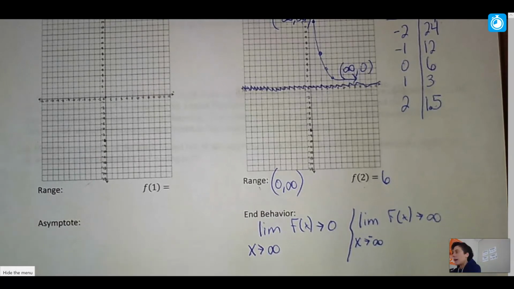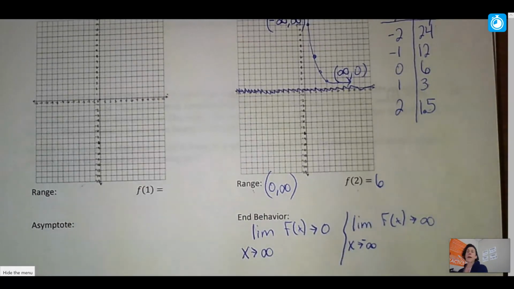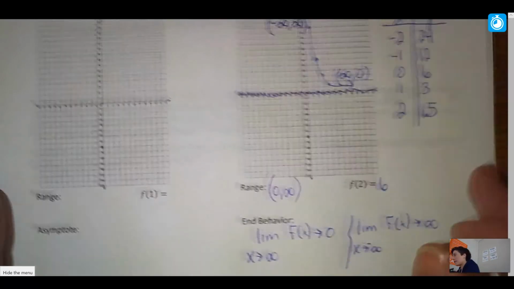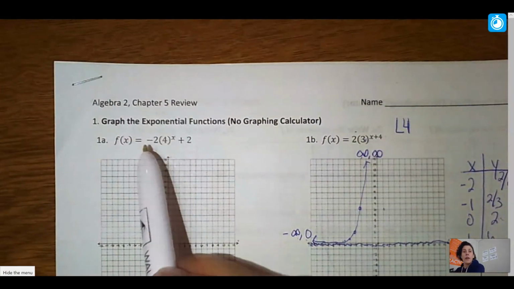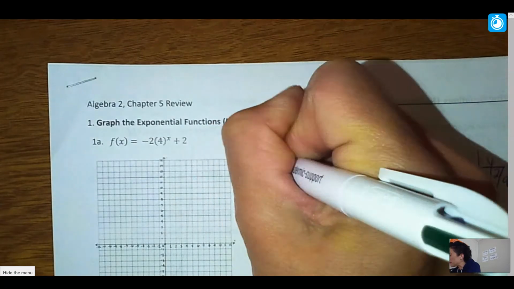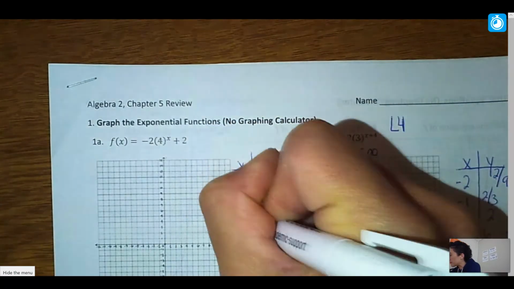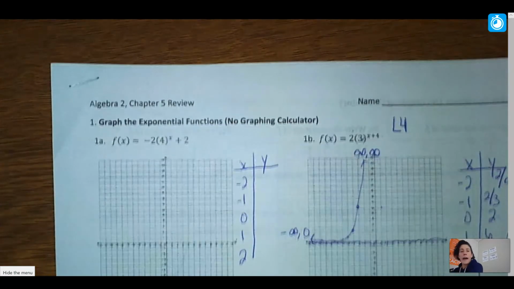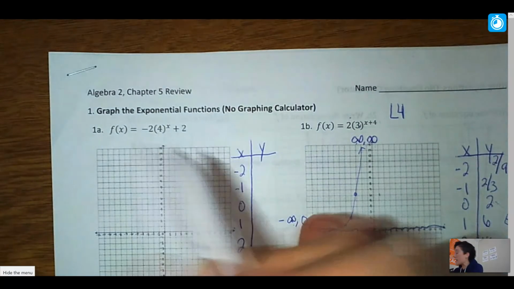All right, let's start with, again, we're working our way from the easiest to the toughest. So the next one I want to talk about is this shape. So again, I'm going to go ahead and just start that table out. I'm going to identify my y-intercept, which is -2.